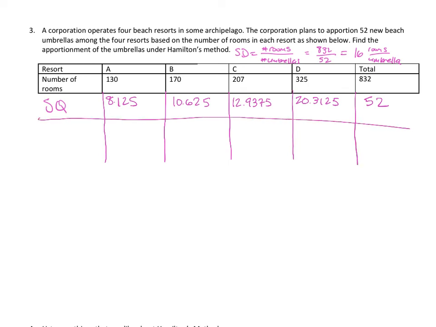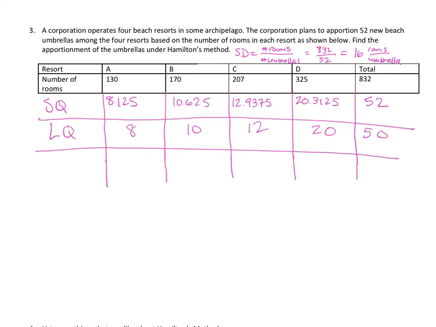Okay, the next step in Hamilton's method is to round everything down to the lower quota. So we have 8, 10, 12, and 20, and we add those up and you get 50. So we've only apportioned 50 of the 52 umbrellas that we have. So we're going to give the last two to the resorts that have the largest decimal, so that are closest to getting a whole other umbrella.